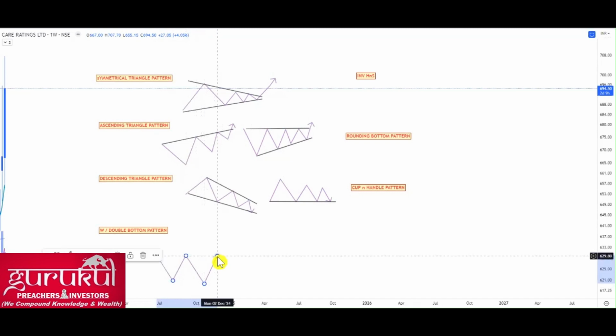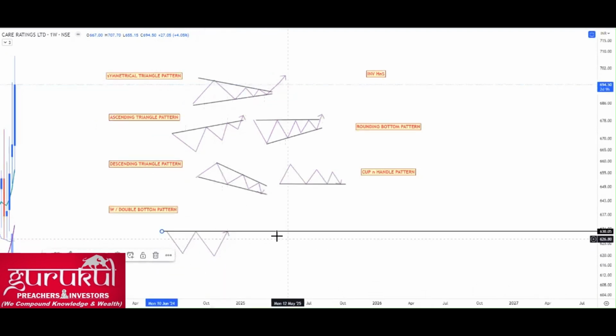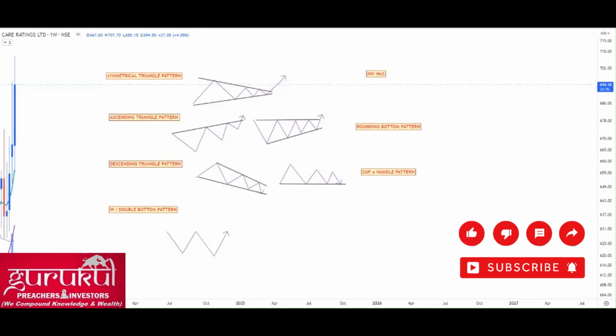This can look like this, or this can be like this, where one side of the W you might find going up, or this can also be like this, right? So all these patterns comprise a W bottom.